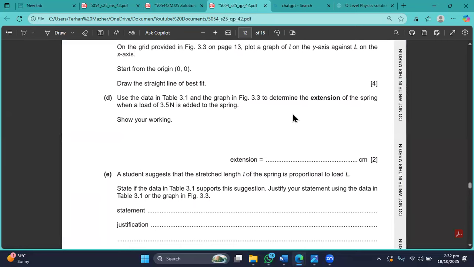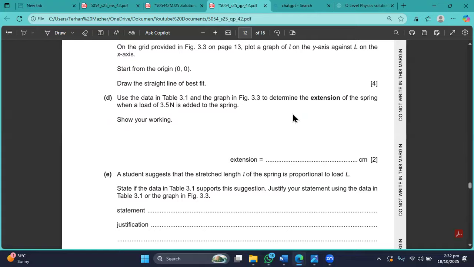Then he says that the student suggests that the stretched length L of the spring is proportional to the load L. State if the data in the table 3.1 supports that suggestion. Justify your statement using the data in the table 3.1 or the graph in the figure 3.3.